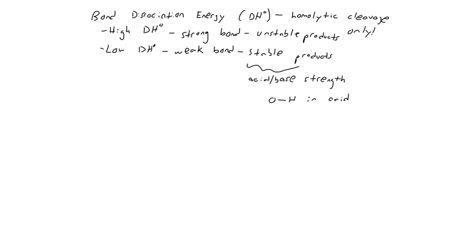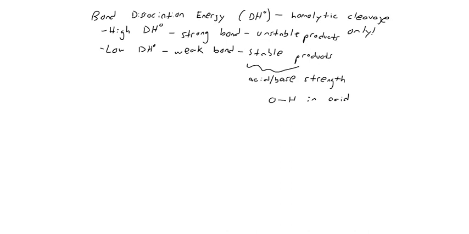That means it's going to be a much weaker acid. Or you could also say that the conjugate base, after you take off the hydrogen, is very unstable, so we don't want to break that bond. But if the conjugate base is very stable, and it's very easy to break the bond, it's going to be a much stronger acid. So we can draw some parallels there.